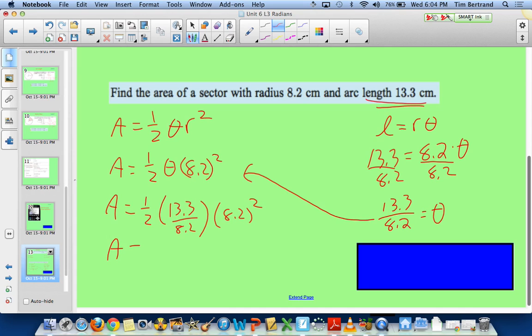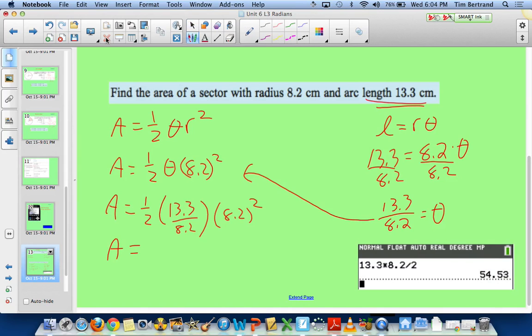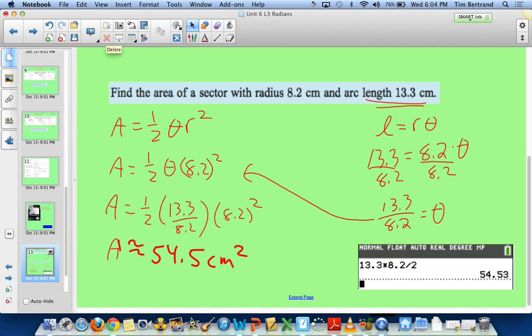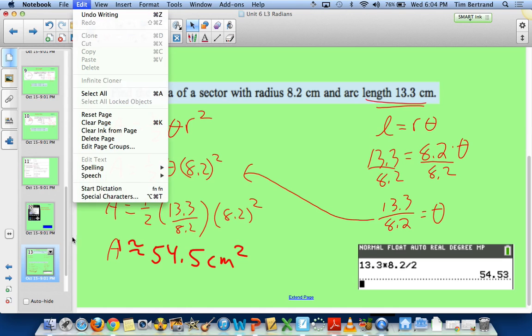That's a job for our calculator. I think if you were to use your calculator, you should get 54.5 centimeters squared. And since this isn't necessarily an exact value, I want to use my estimation piece. So there you have it.